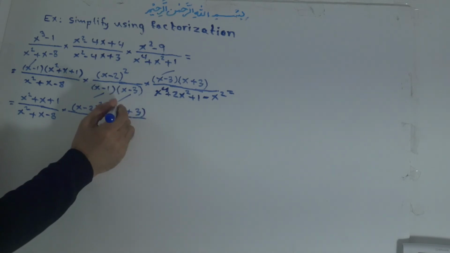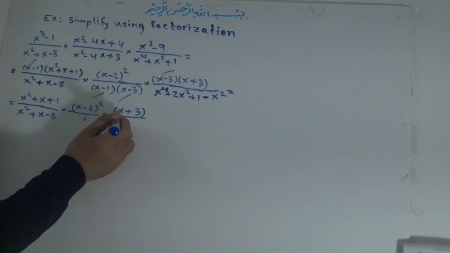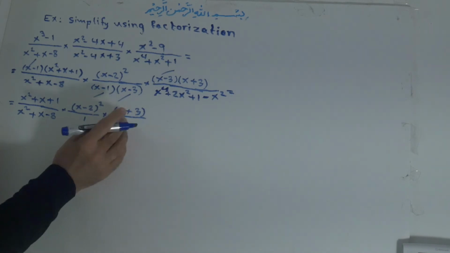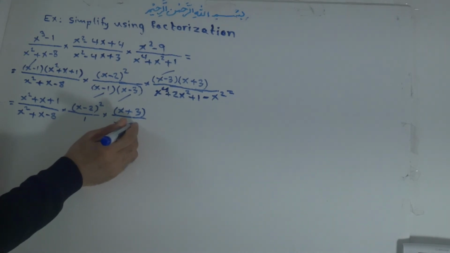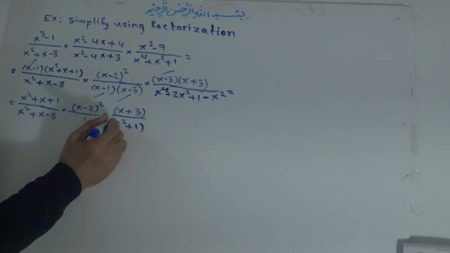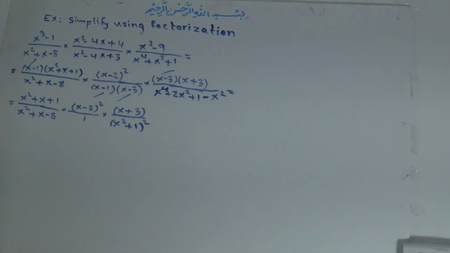And here we can write x to the power of 2 plus 1 square. You can write this one like x to the power of 2 plus 1 square.